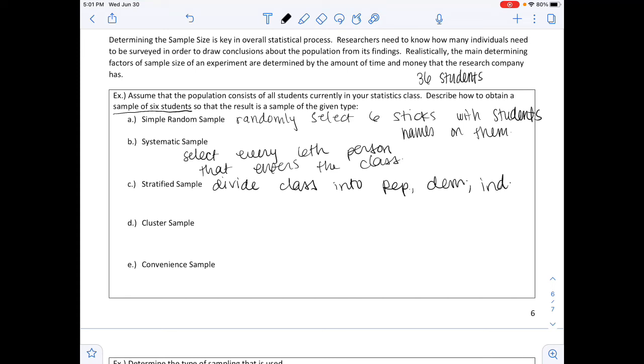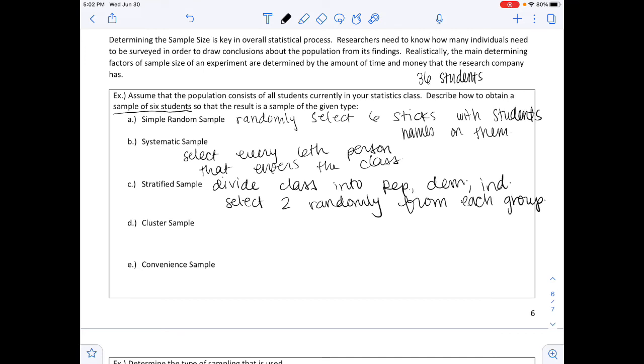And since we have 3 different groups here and I need a total of 6 students, we are going to select 2 randomly from each group, each political affiliation group that we have.